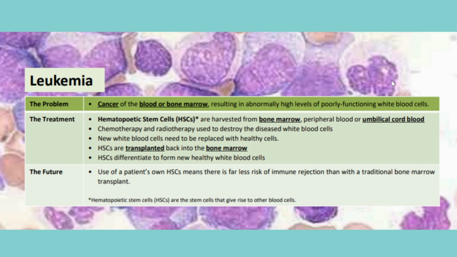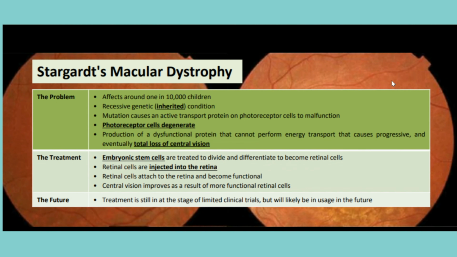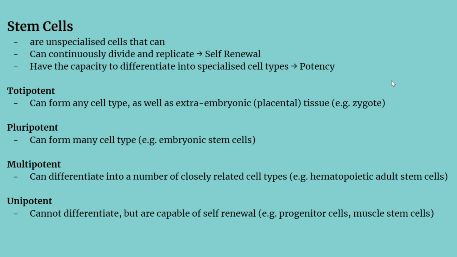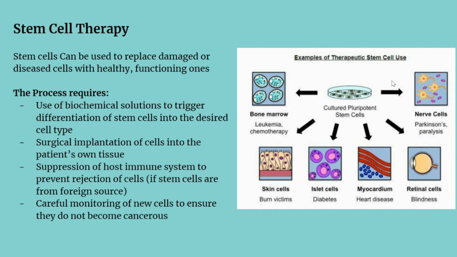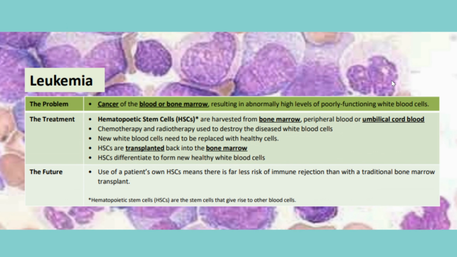You also have leukemia, which is your cancer of the blood or bone marrow. So it results in abnormally high levels of poorly functioning white blood cells, where your immune system is just attacking itself. So your hemopoietic stem cells, as mentioned in the previous few slides, which were known as multipotent cells, right? They can be harvested from your bone marrow, or peripheral blood, or your cord blood.